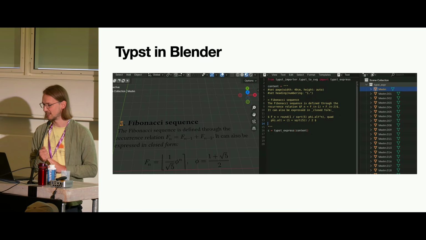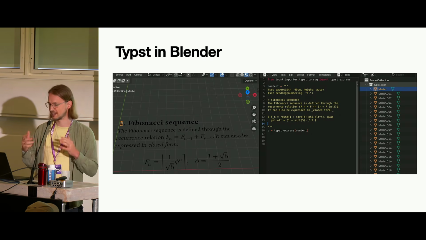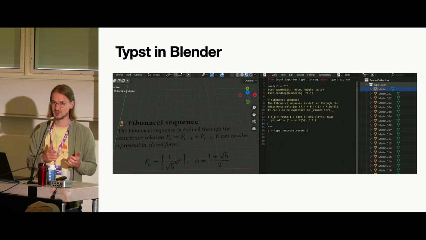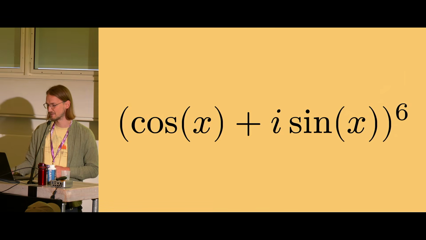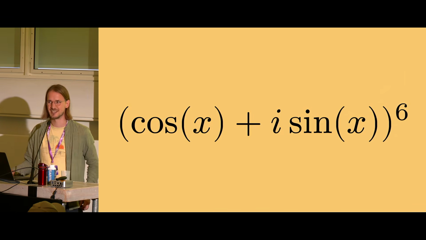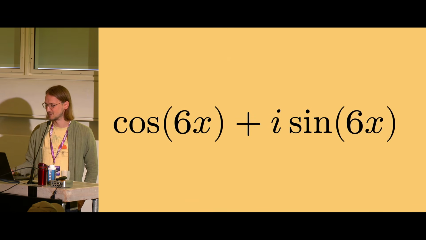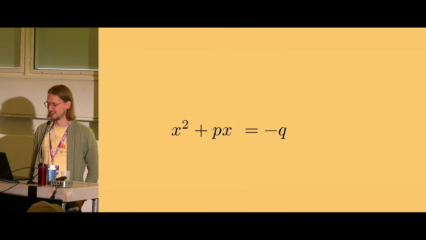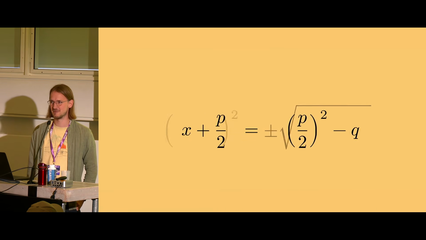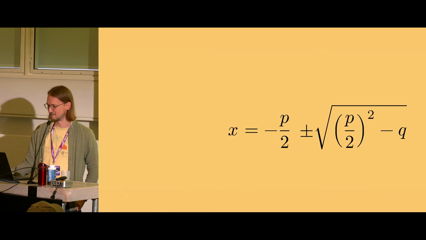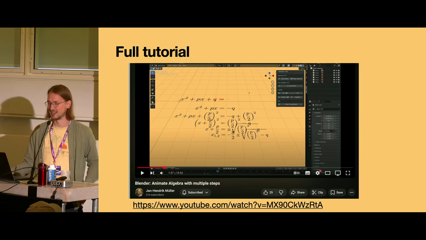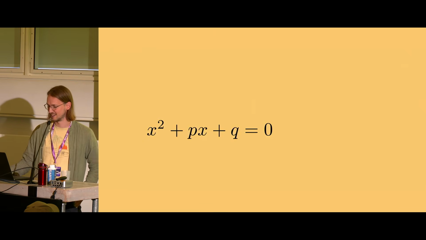The way it works, it takes all this content, puts it into an SVG, and then this SVG is imported into Blender. And because it's animation software, we can also do these kinds of animations with it. Here's also a multiple step animation, and this one is aligned at the equal sign.